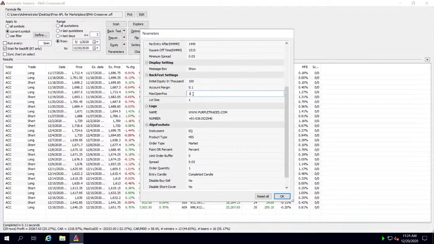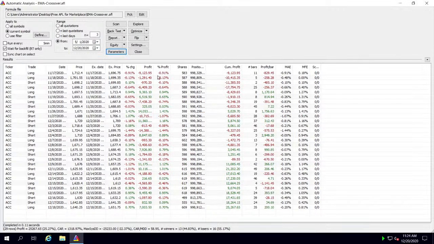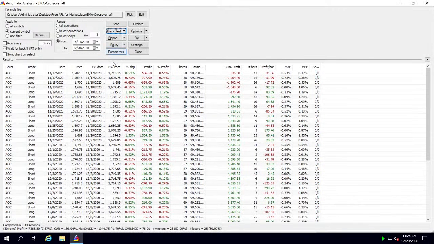For example, here I will write maximum open position 10. Now if I backtest, you will see that there were 50 trades using that particular combination, that is 10 and 30, but the return is just 7% because winners out of 50 trades are 25 and losers are also 25.